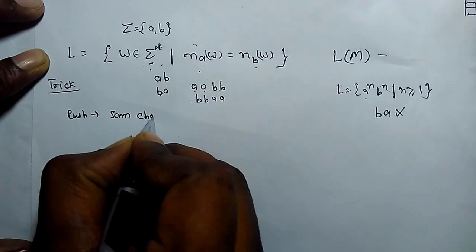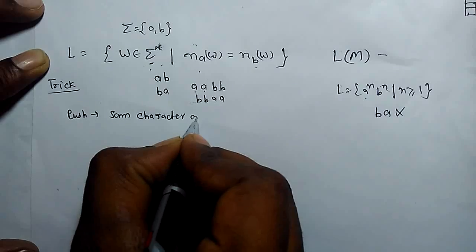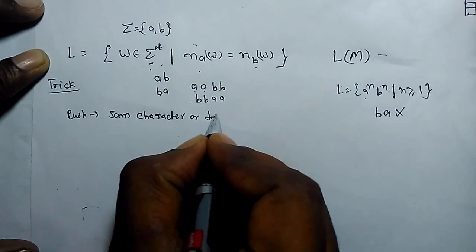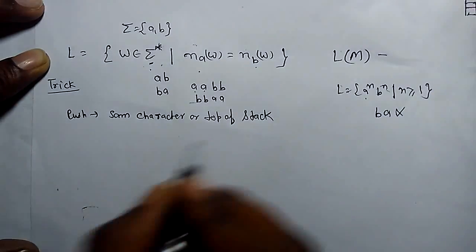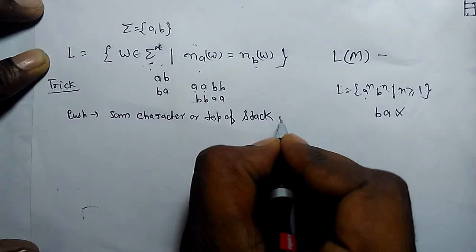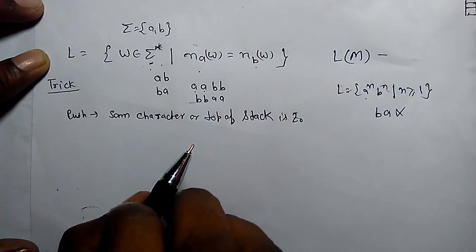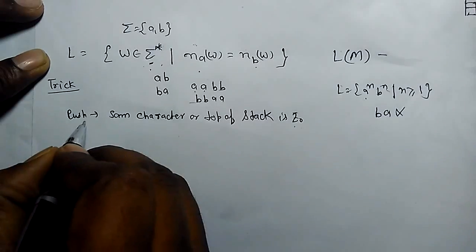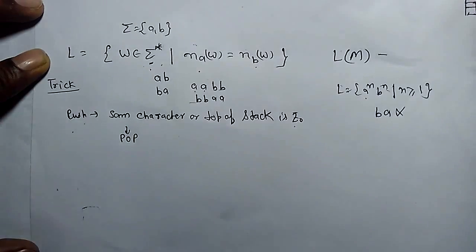So same character, or if the top of the stack is Z0, that is the first symbol in the stack, appears, you perform push operation, otherwise pop.